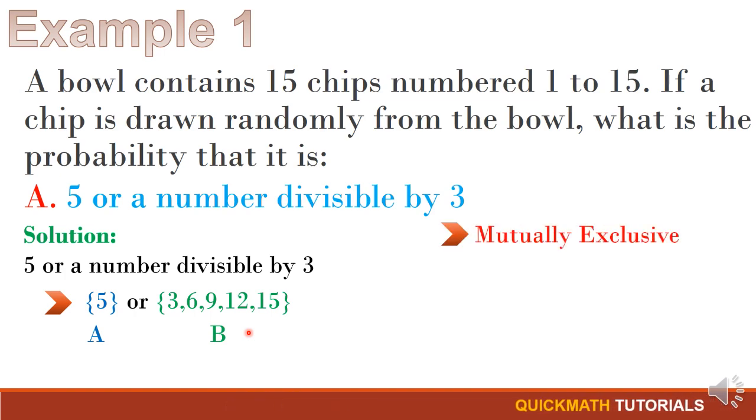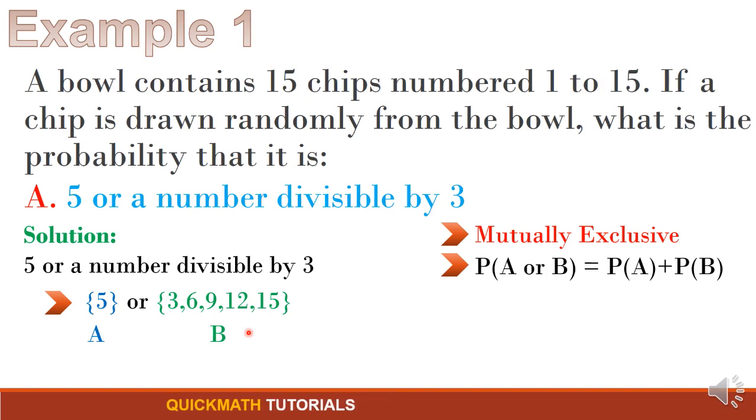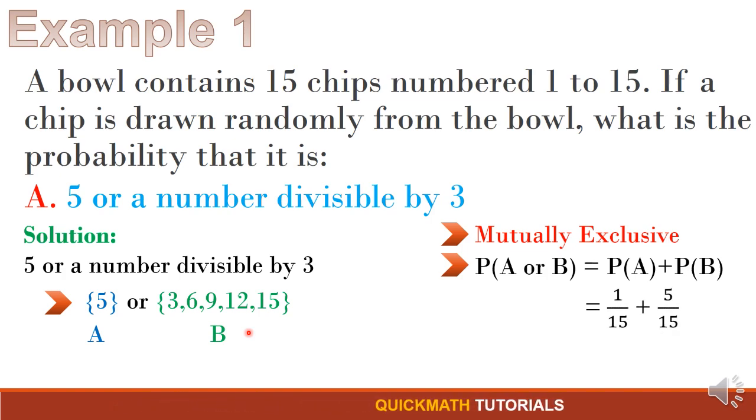So since it is mutually exclusive, we can use the formula: the probability of A or B is equal to the probability of A plus the probability of B. For the probability of A, we have 1 over 15, because we just have one element in event A and there are 15 chips in the bowl.